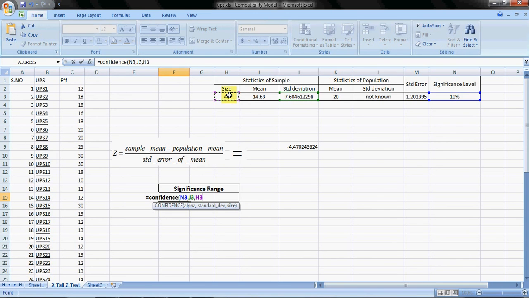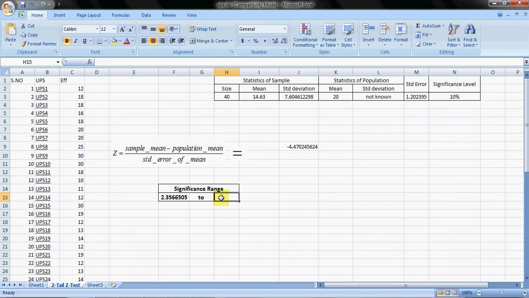Now for the two-tailed test, as we are performing over here, the significance level has to be divided into two parts, the left one and the right one. So here we'll do N3 divided by 2. Now close the brackets and here comes your value for the positive x-axis.